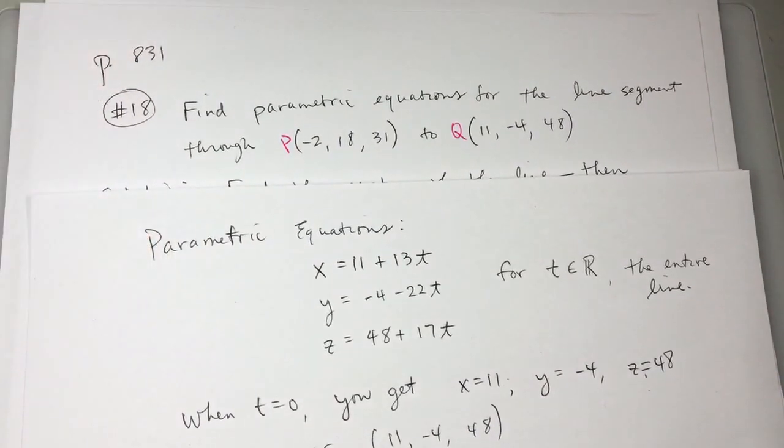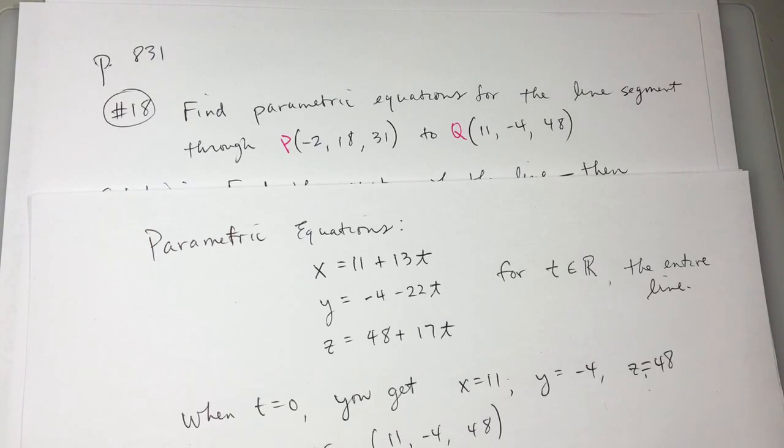If they want the line segment from P to Q, then you have to think, what value for t is going to give you point P? Normally, since I've used those 2 points to work the line, it's going to be either 1 or negative 1. It depends what I pick for r sub 0, and it probably depends what direction I went, whether I used vector PQ or vector QP for v.